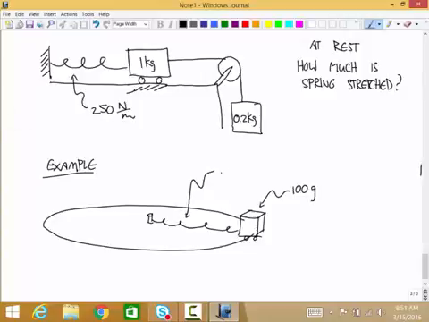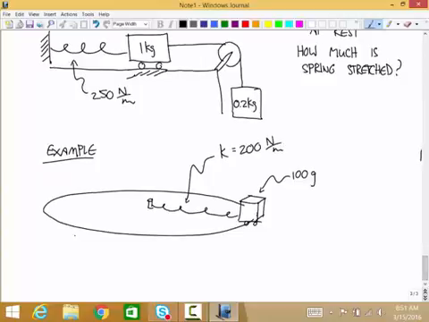The spring constant is 200 newtons per meter. The spring's resting length is 0.10 meters, 10 centimeters. And let's say the cart's in uniform circular motion.